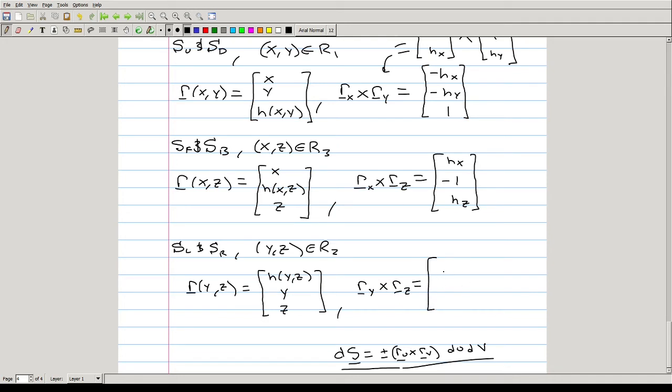When you do this cross product of ry cross rz, you end up getting the vector 1, negative hy, negative hz. So for our surface integrals now, we have the correct parameterization for our normal vectors, and we're actually now ready to go through and finish the proof.